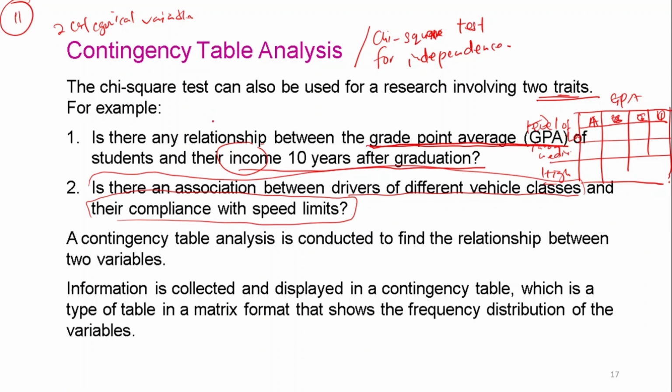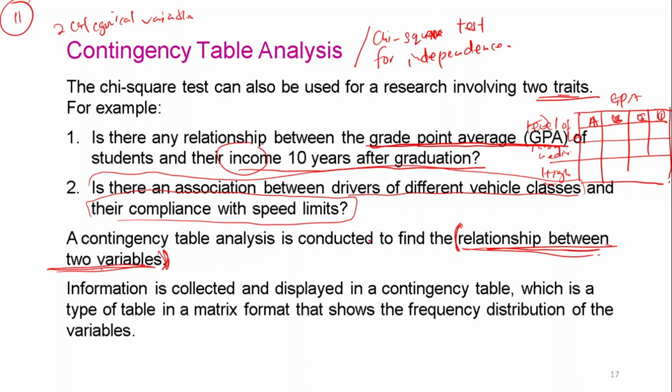Okay, so basically contingency table analysis is conducted to find the relationship between two variables. Okay, either these two traits are dependent or independent.